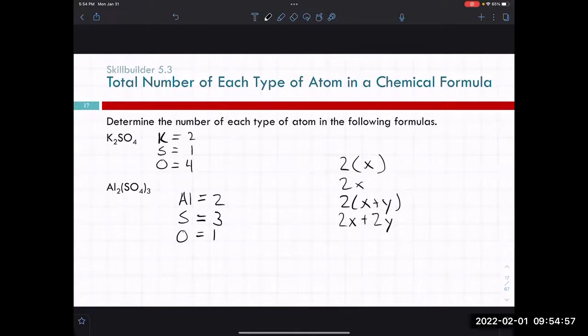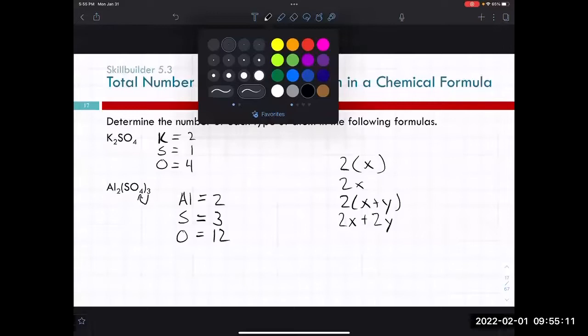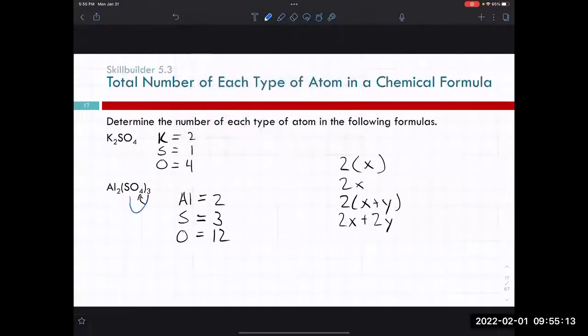Yeah, 12. You're going to multiply this by, well, that's actually 3 times 4, and then 3 times 1 for the implied sulfur. Cool.